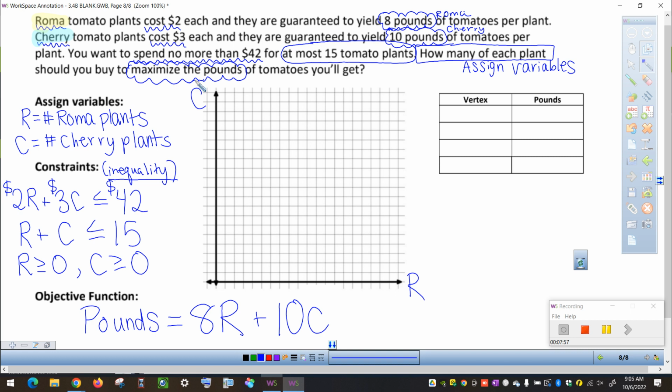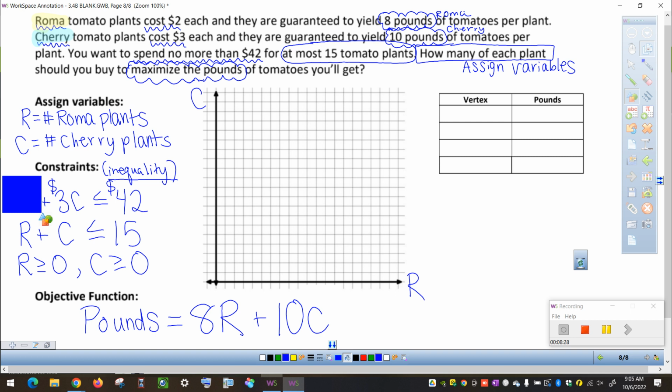So looking at the first one, we're going to think of this for a moment as being 2R plus 3C equals 42. So because the variables are together on the same side, I would think about the intercept method. So I'm going to think about finding the C-intercept first. So I'm going to plug in 0 for R, or I can just cover up the R. So we're thinking of this as being 3C equals 42.